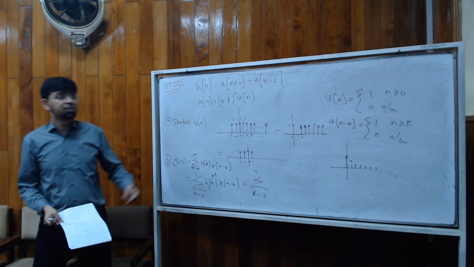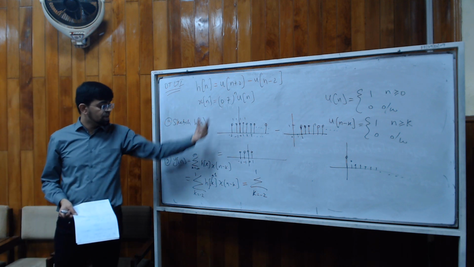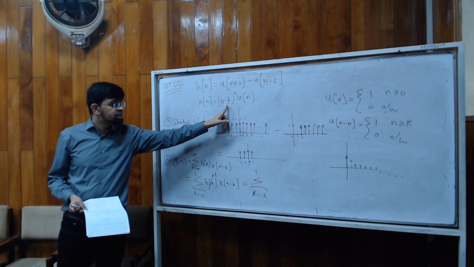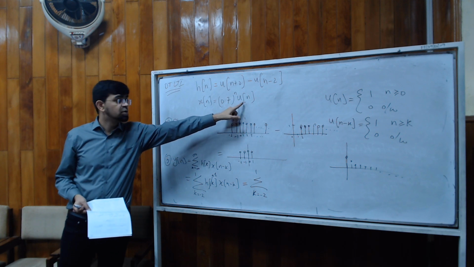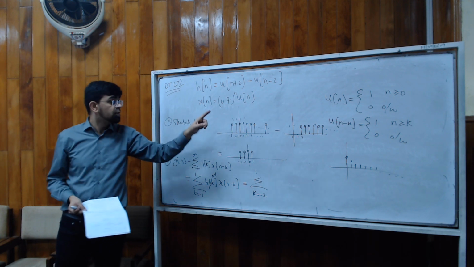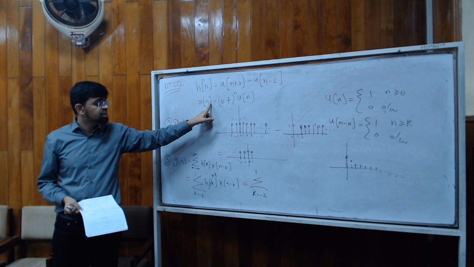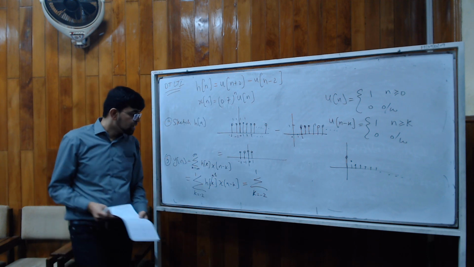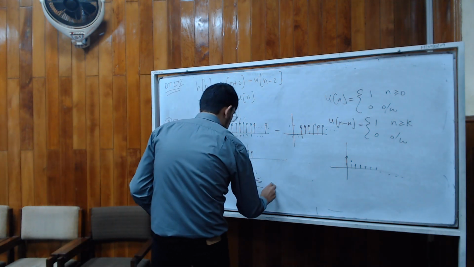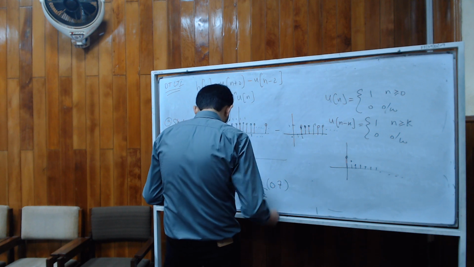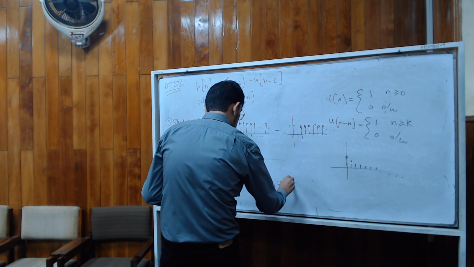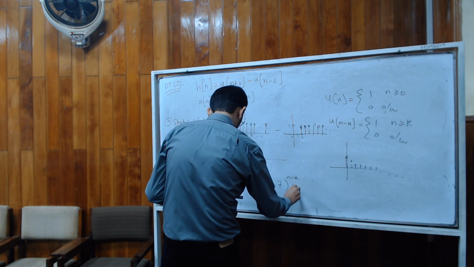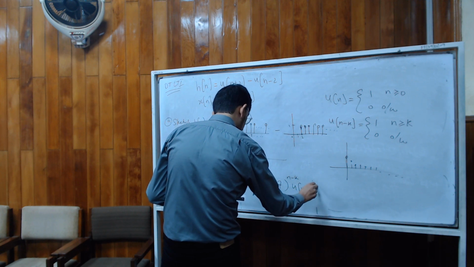Now what is the input? If this is the input x[n], then x[n-k] would be 0.7^(n-k) u[n-k]. Wherever the n appears, replace it by n minus k. So the output is the sum of 0.7^(n-k) u[n-k].